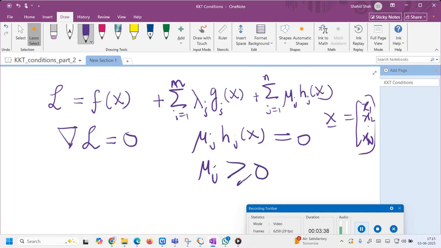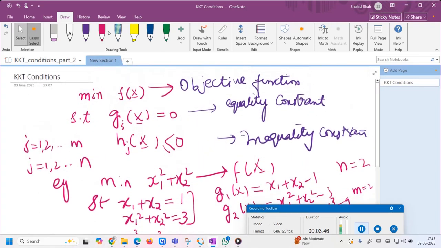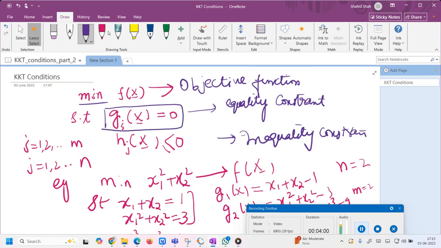This is very important. But remember one thing, you need to first bring any problem into standard form. Standard form is this: the objective function has to be minimized. So if you have maximize f of x, it is not in the standard form. The equality constraint is obviously like this, and the inequality constraint should be in this form.